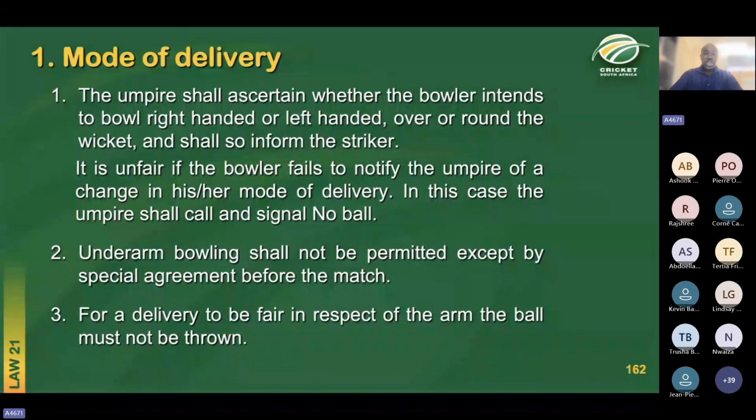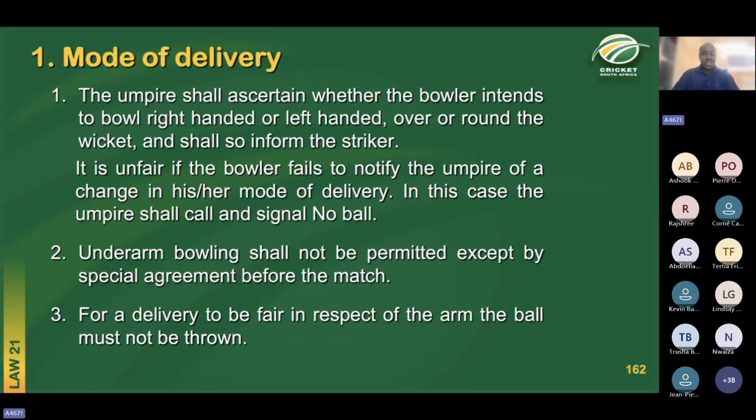And of course, we know that a bowler's arm needs to be straight. For a delivery to be fair, in respect of the arm, the ball must not be thrown. The elbow must not be bent. Interesting one. Can we judge with the naked eye if the elbow is bent or not?